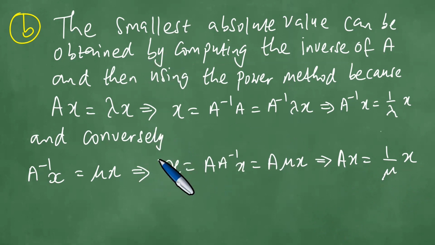But what is the significance of these? Well, given the matrix equation here, we can find or estimate the eigenvalue associated with the smallest eigenvalue in terms of its magnitude.